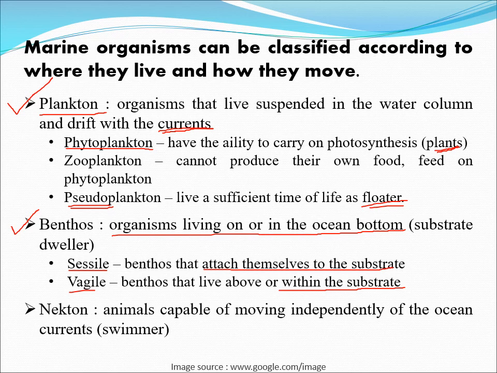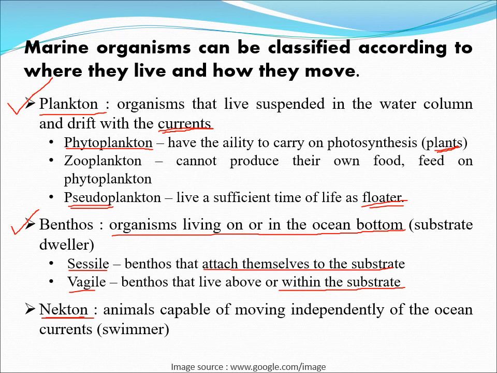Apart from these two groups, one is the free floating group, that is plankton. One is the bottom dwelling group, substrate dwelling group, that is benthos. There is a third group called nekton. These are the organisms which can freely swim within the water body.